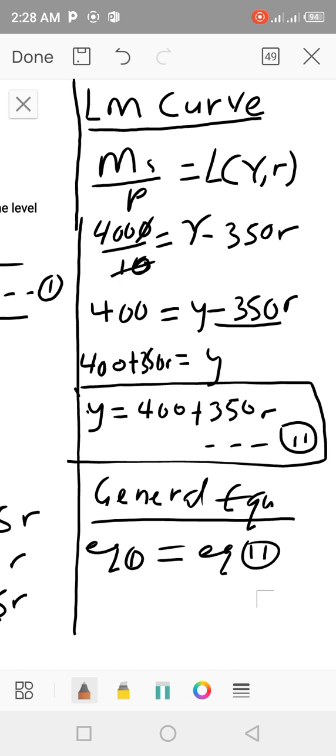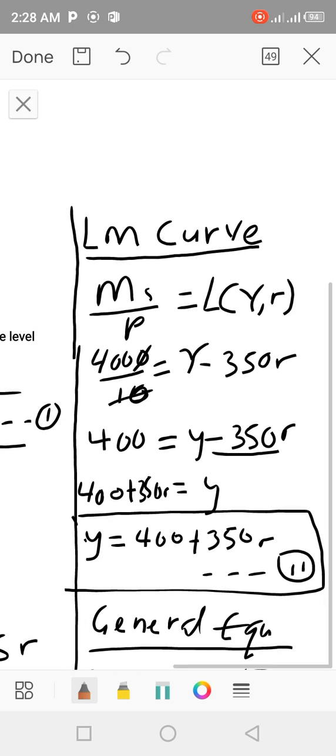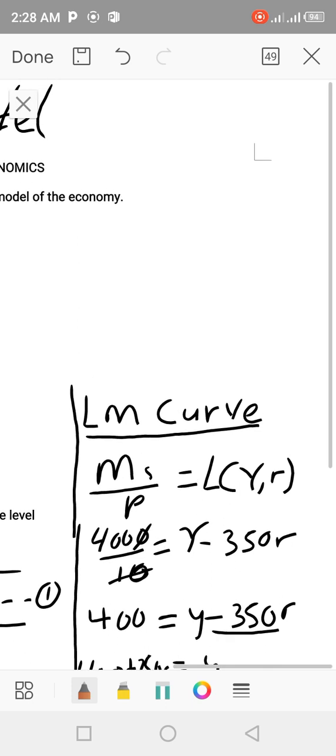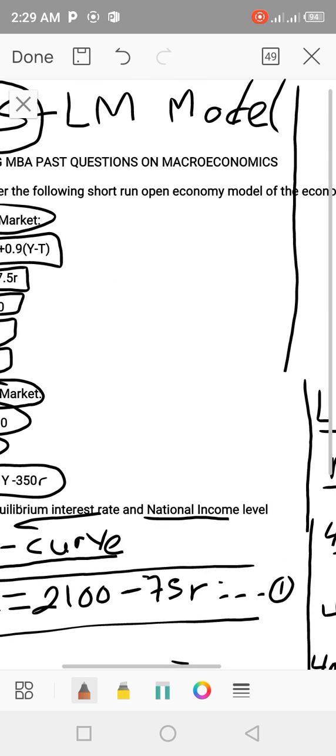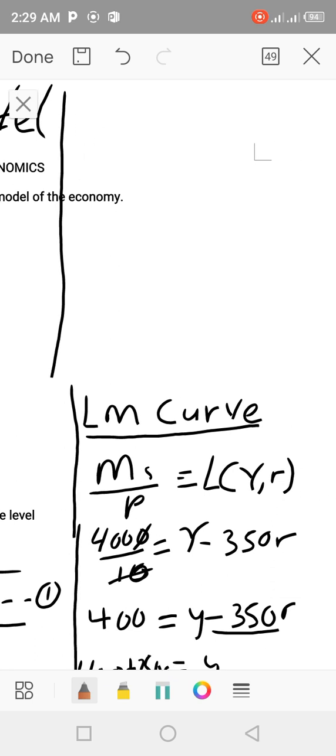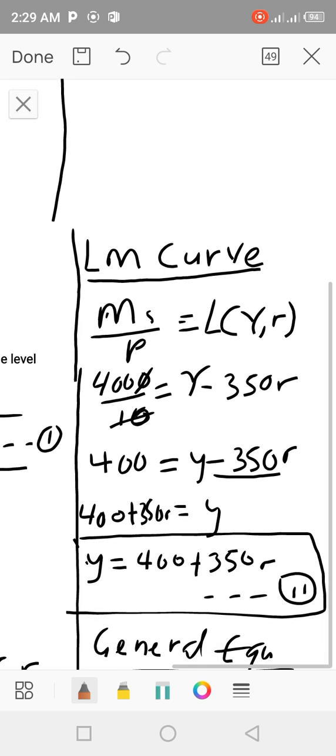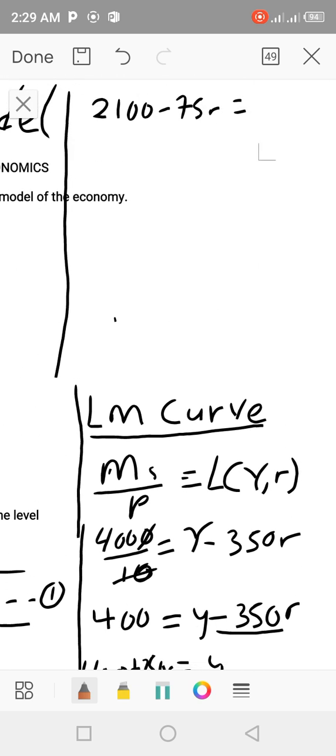Equation 1 is 2,100 minus 75R, which is equal to equation 2, which is 400 plus 350R.